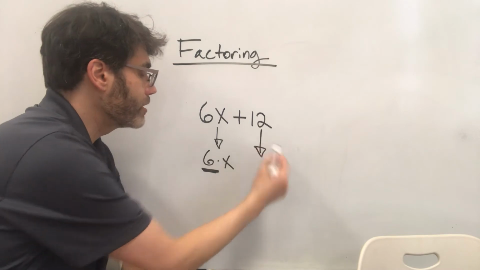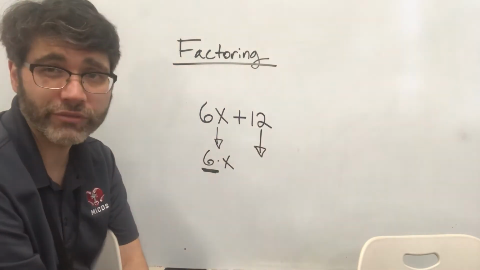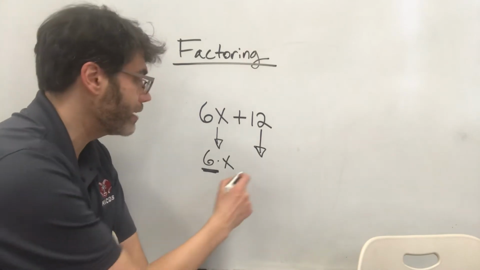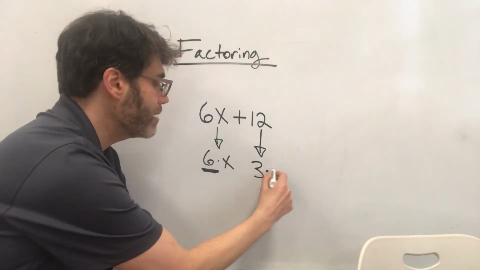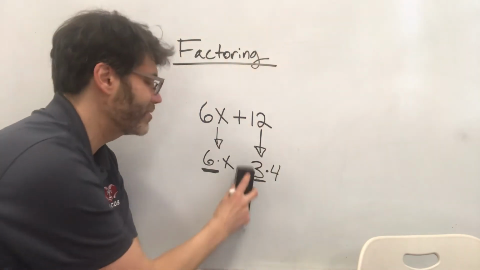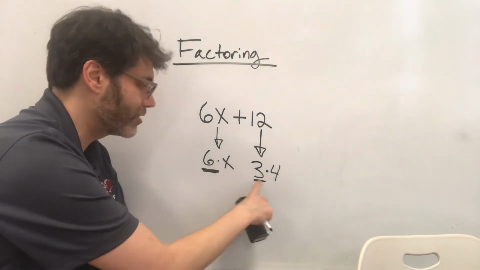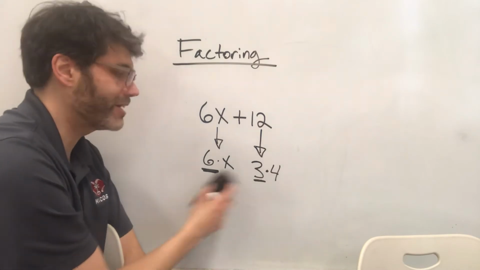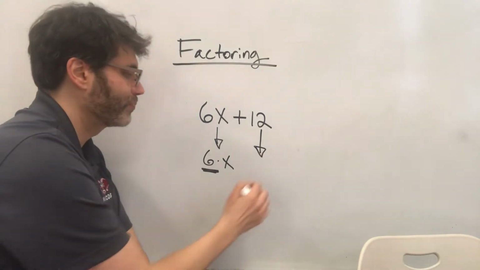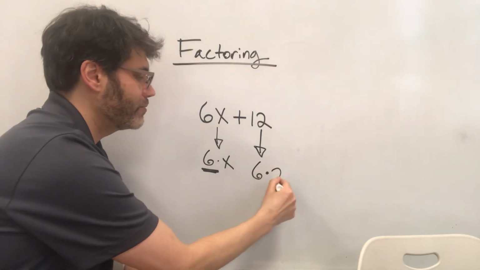And 12 could be broken down into lots of things like 3 and 4 or 12 and 1, but it could also be broken down into 3 times 4. Yes, it could be broken down into 3 times 4, but that won't help us here. What I want to use is 6 times 2.